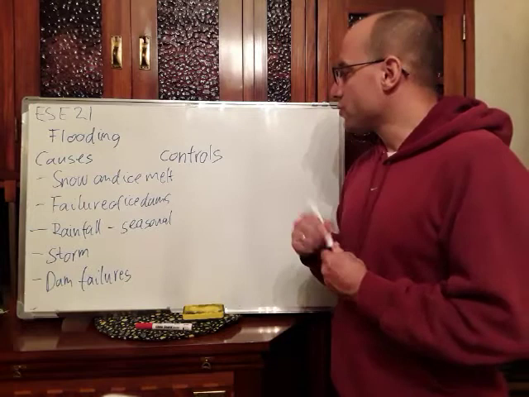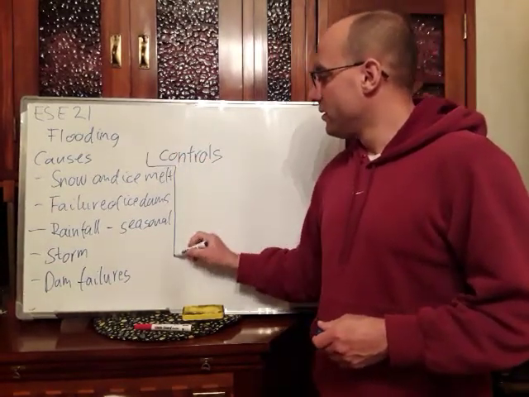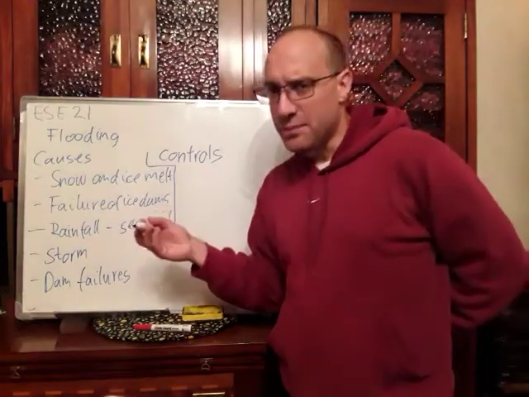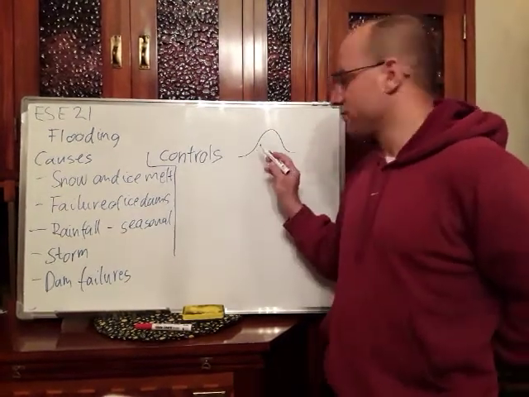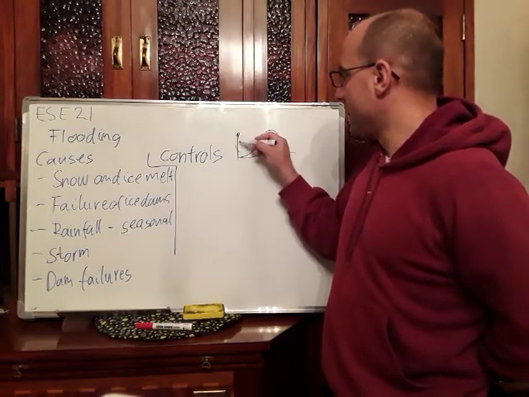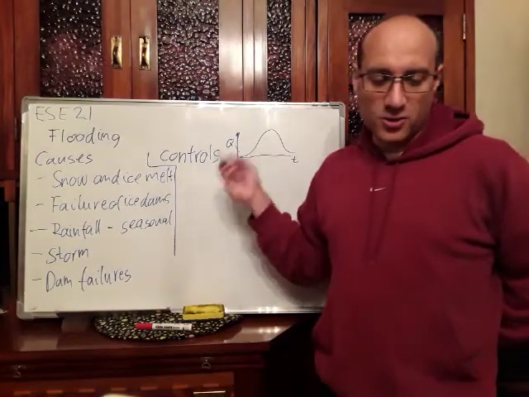Also for controls, so these are some of the causes, but what else actually will control or shape the pattern of the flood? We said we have these hydrographs in time and the height of the flood or the discharge. So how will this be controlled?